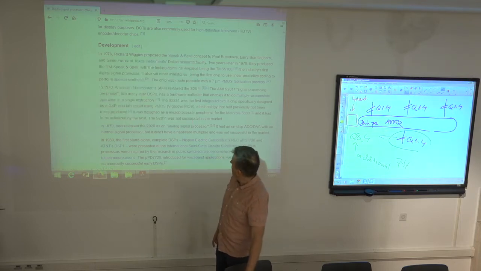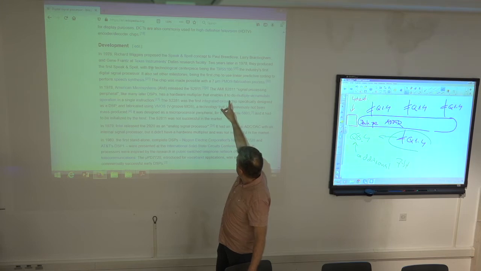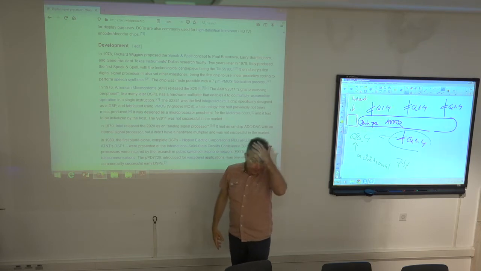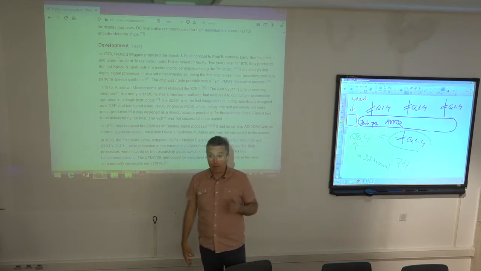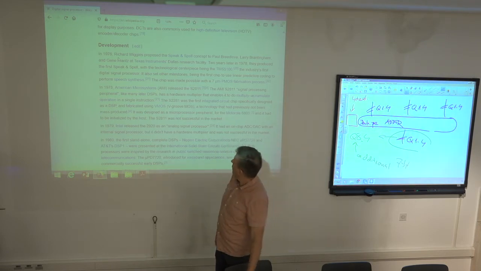This chip was designed at Texas Instruments by three people: Paul Breedlove, Larry Brantingham, and Gene Frantz. The ideas used in this early chip were then used to design the first DSP from Texas Instruments.